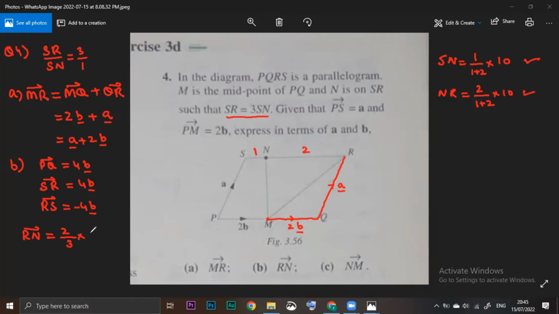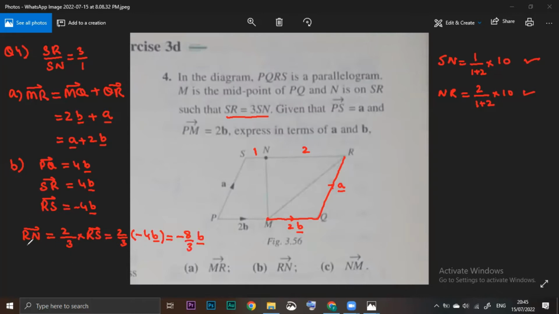What is the total? Total is RS. So 2/3 into minus 4B, which is equivalent to minus 8/3 B.